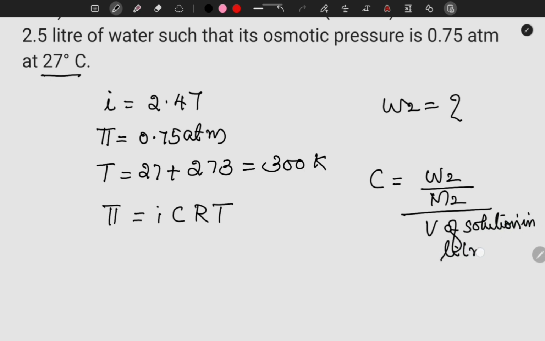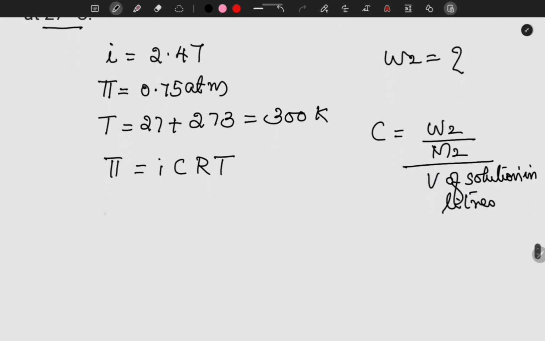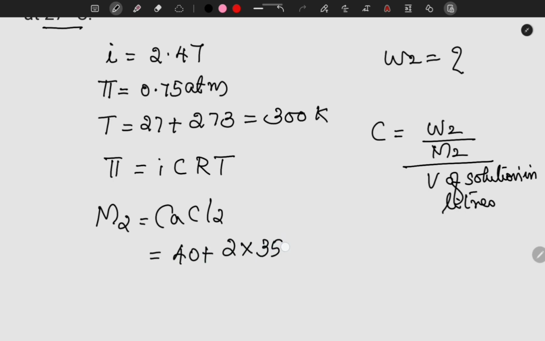For that, first let us calculate the molar mass of calcium chloride. So M2 is equal to calcium chloride, calcium mass is 40 and chlorine 2 into 35.5. So when we simplify, we will get 111 gram per mole.